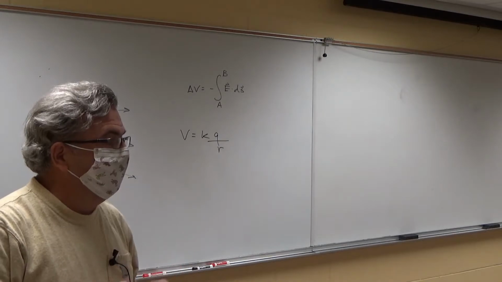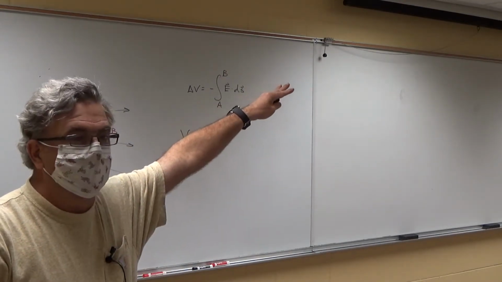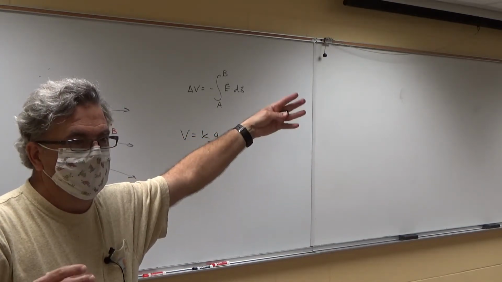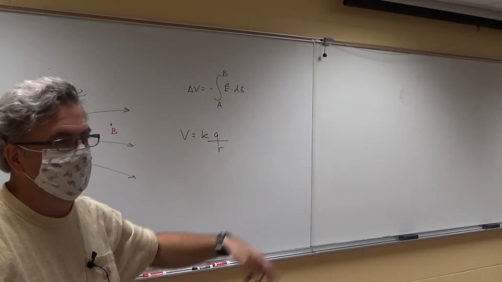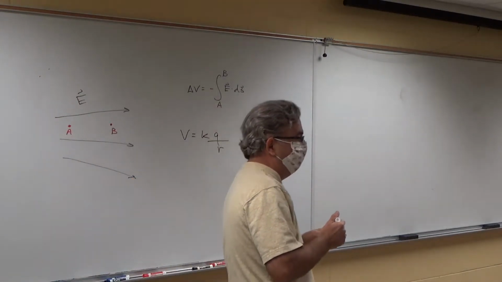That is with everyone agreeing that the zero potential is out at the edge of the universe, out at infinity. If you haven't already, you can watch the explanation of why we chose infinity as the zero potential point.